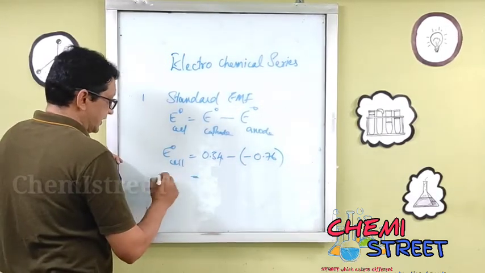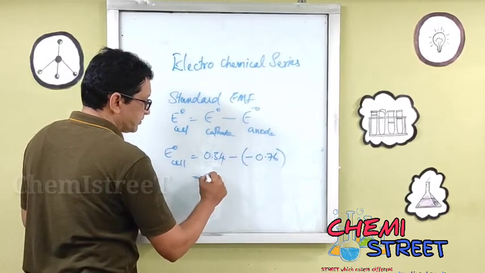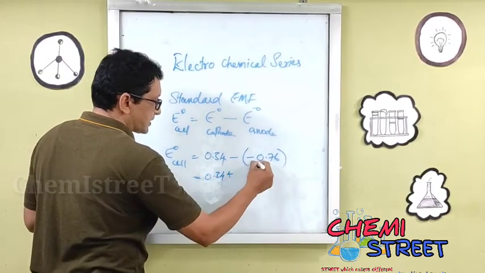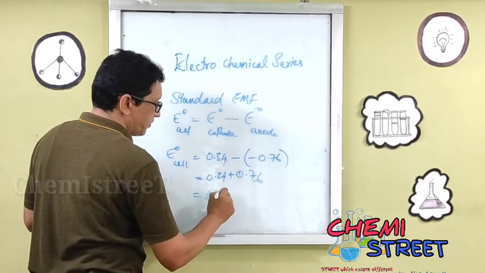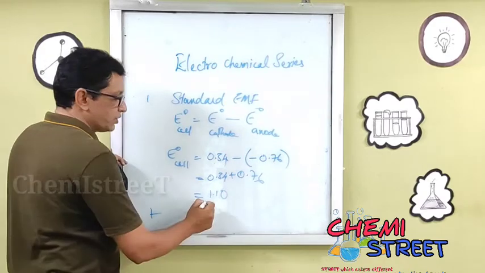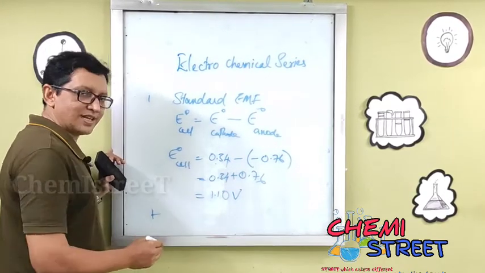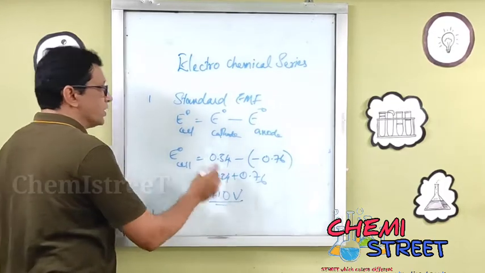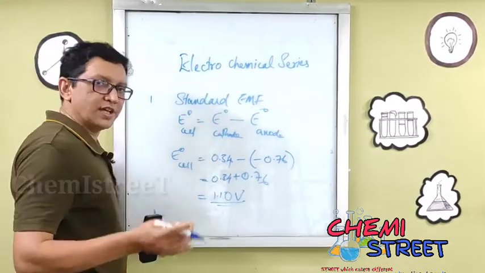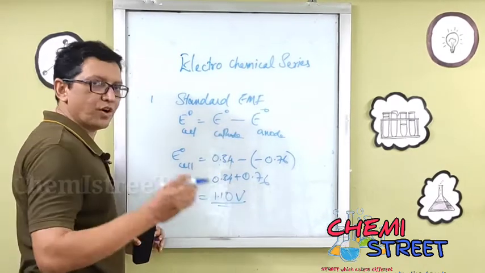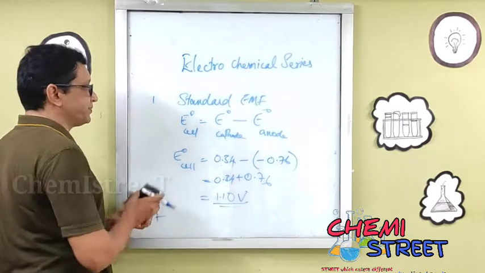So the Daniell cell's EMF is equal to 0.34 plus 0.76, which is 1.10 volt. So the EMF of the Daniell cell is 1.10 volt. So the first application of the electrochemical series is to find out the EMF of the cell under standard conditions. Okay, you got it.